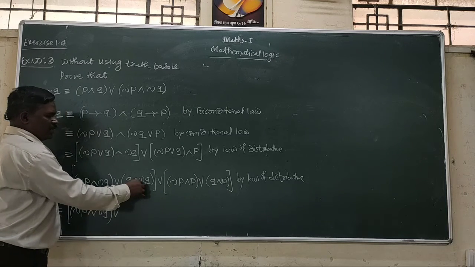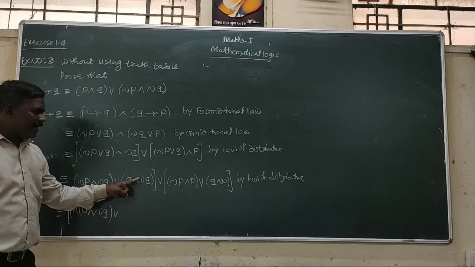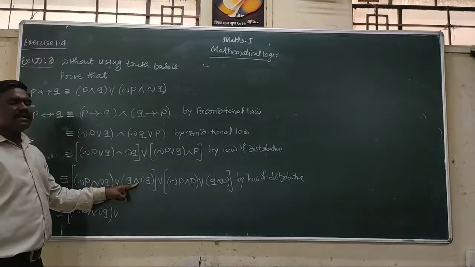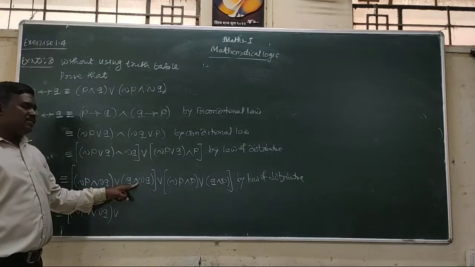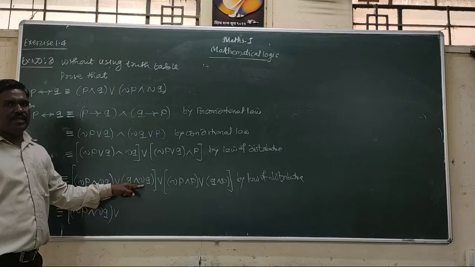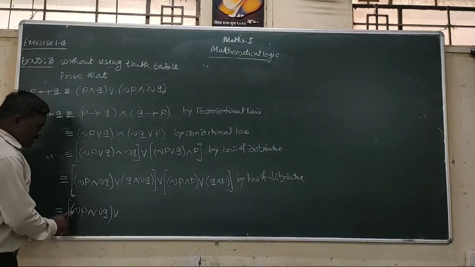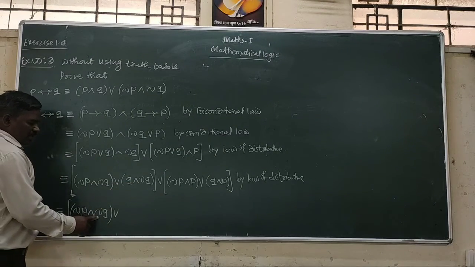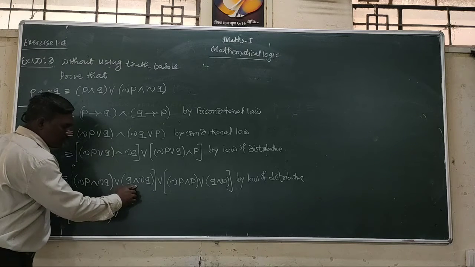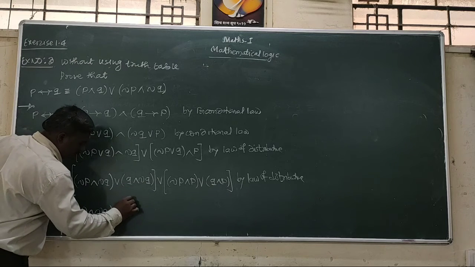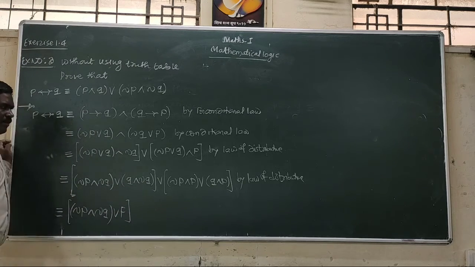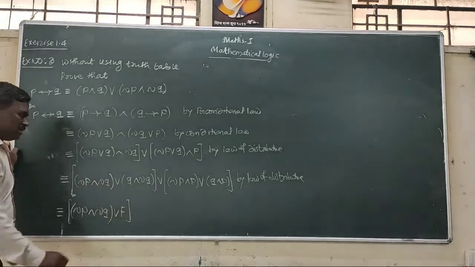disjunction Q conjunction negation of the Q आहे आणि त्याचं निगेशन आहे, दोघांचं काय असेल कंजंक्शन. ओके, therefore using here the Q आणि त्याचा कॉम्प्लिमेंट दिसतोय, कंजंक्शन असेल तर it is false. Therefore negation of the P conjunction negation of the Q disjunction Q conjunction negation of the Q, using the law of the complement it is false.